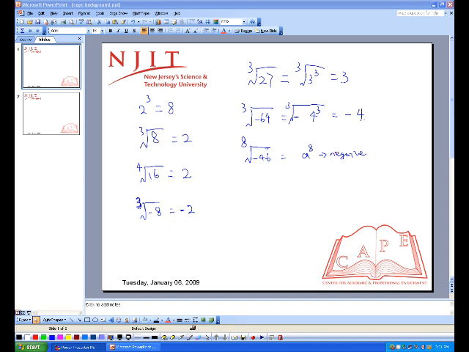Is that possible? No, not really, because if this number is positive, it will give you a positive number. If it's negative, since it's even powered, it's still going to give you a positive number. So it's impossible. The 8th root of a negative number is not a real number. It doesn't exist as a real number.